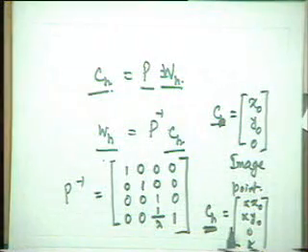So please do it as an exercise. Do this P inverse CH multiplication and see what results for that WH. From the result which you get, we are going to find some interesting observations in the next class. Any questions? Okay, thank you.